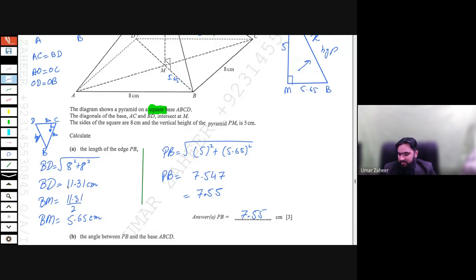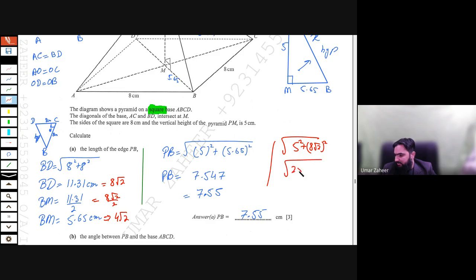We have the square root of 5 square plus 5.65 square, and we are getting 7.44. Wait, one second. The square root of 8 square plus 8 square is 8 square root of 2. 8 square root of 2 divided by 2 will be 4 square root of 2. Let's say I have to use 5 square plus 4 square root of 2 whole square.